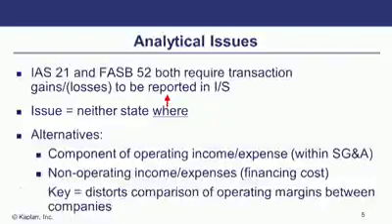Should it be a non-operating income or expense? Okay, so there's no guidance on this, and of course what that means is it's going to reduce the comparability between companies. Certainly it's going to distort the comparison of operating margins when we look at different companies. So that's our transaction exposure, and again we'll take you through some numerical examples of that in class.